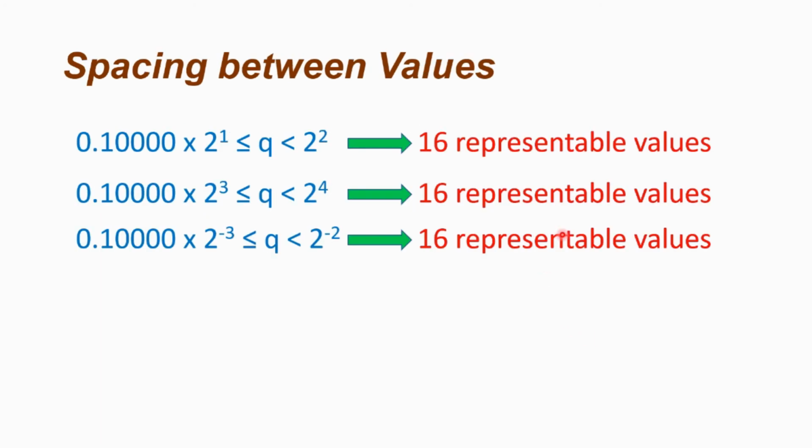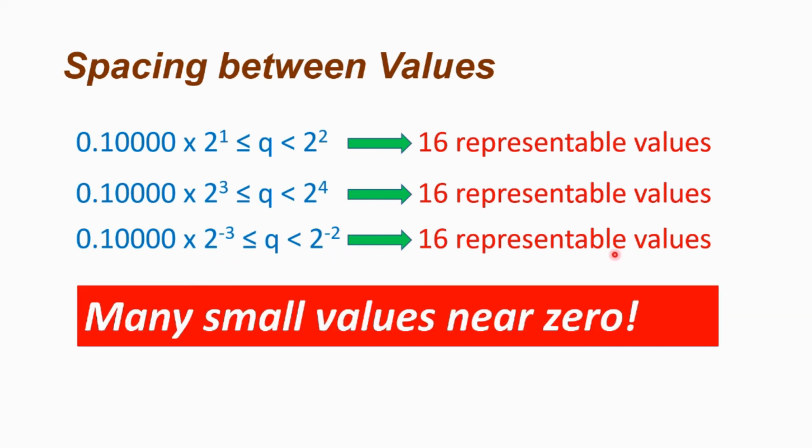Now, what about the spacing between the values? So we can see that between 2 and 4, we have got 16 representable values. Between 8 and 16, we got 16 representable values. And the same way between 0.125 and 0.25, we got 16 representable values.